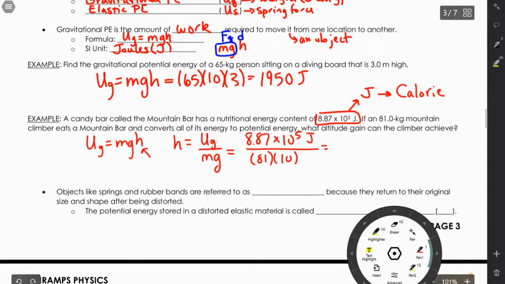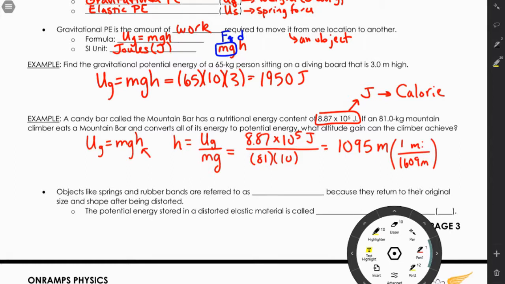When you do that, you're going to find that they can climb 1,095 meters, which is short of a mile. If Quest asked you to convert this to miles, you would use 1 mile equals 1,609 meters. I didn't do that calculation on the sheet, but if we do that, it's 1,095 divided by 1,609, about 0.68 miles. So just under 3/4 of a mile.